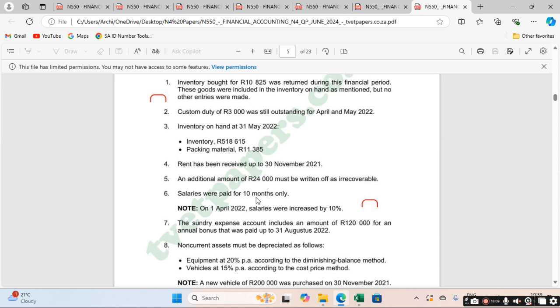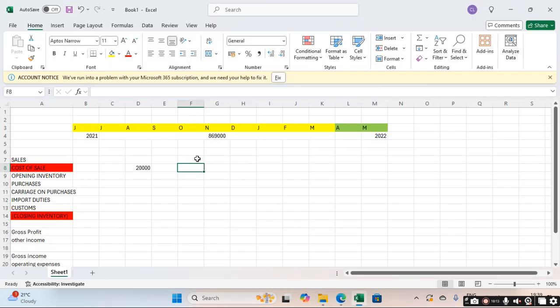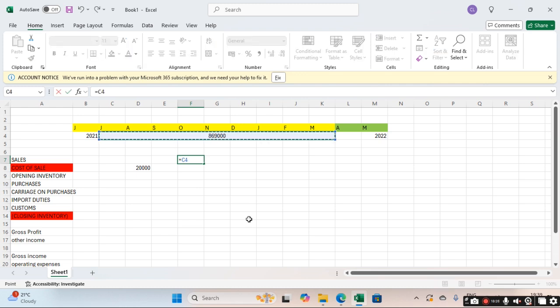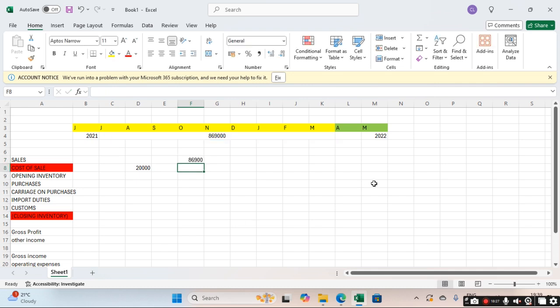But now, since we have this, things are going to be done differently. We still need the amount for a month. How much are we paying a month? We divide this amount by 10, 10 being the number of months.